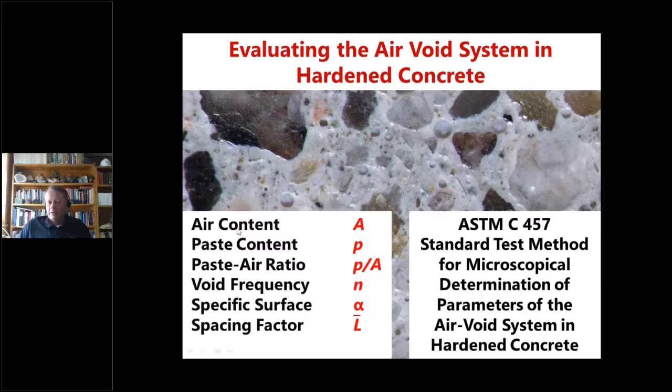The air content, the total air content of the concrete, the paste content, the paste to air ratio, something we call the void frequency, something called the specific surface, and something called the spacing factor. There are other variables. These 6 in particular we'll talk about, and ASTM has assigned some shorthand notation or abbreviation for each of these things.